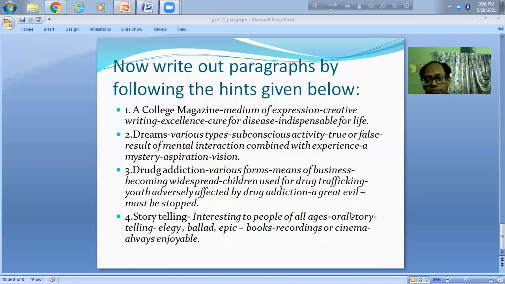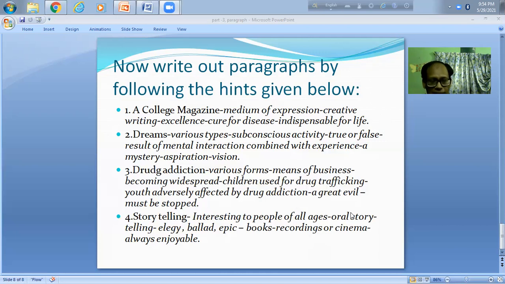Vision means when we see something from a distance, from 10 to 20 years, 25 years, we actually dream to be something. So after 20 or 25 years, our dream will be fulfilled. That is called vision. So people become visionary. So dream refers to vision.